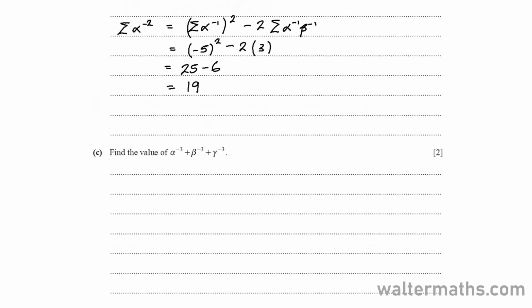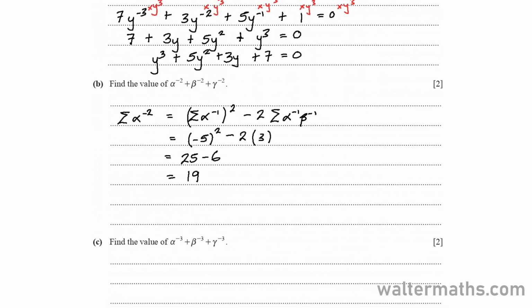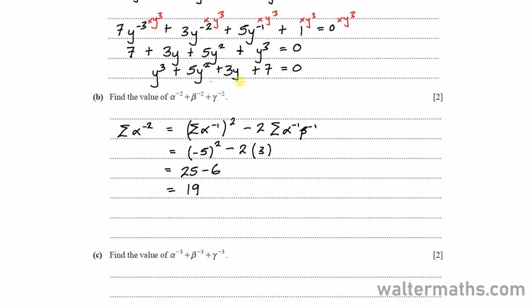On part C, the question goes, find the value of alpha to the power minus 3 plus beta to the power minus 3 plus gamma to the power of minus 3. So for this one, we should come out with some kind of recurrence relation for the roots of this cubic polynomial equation. So I'm going to take it down.